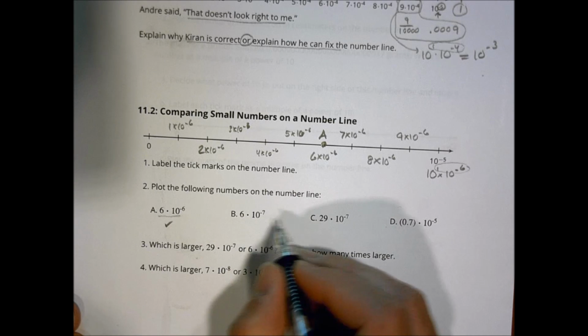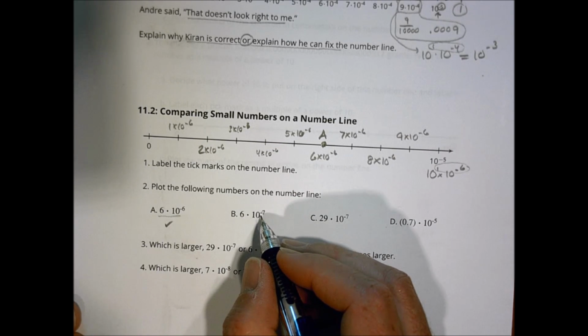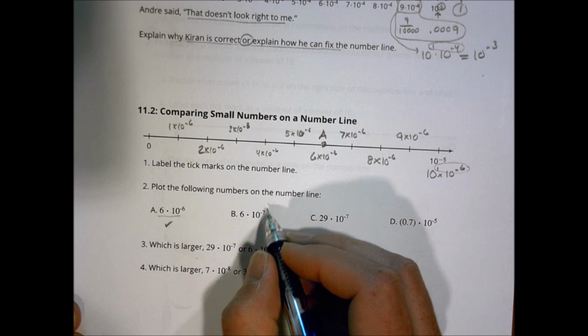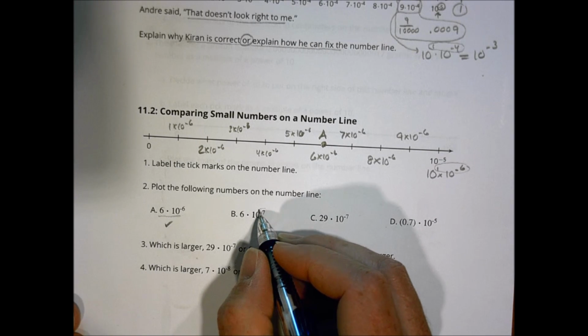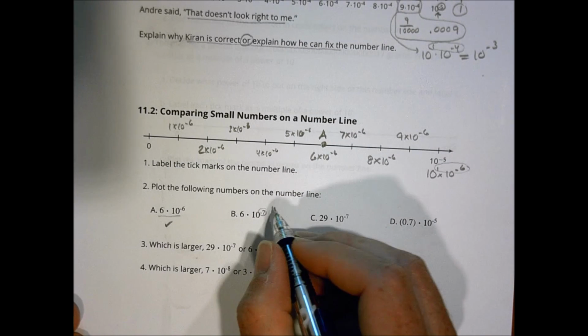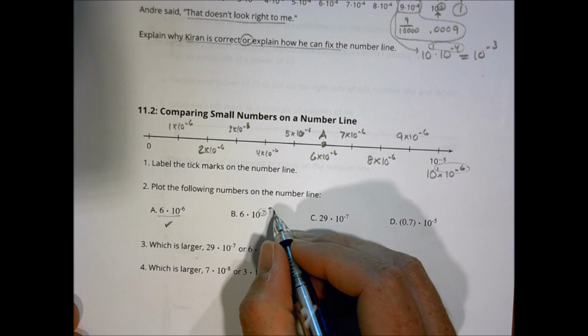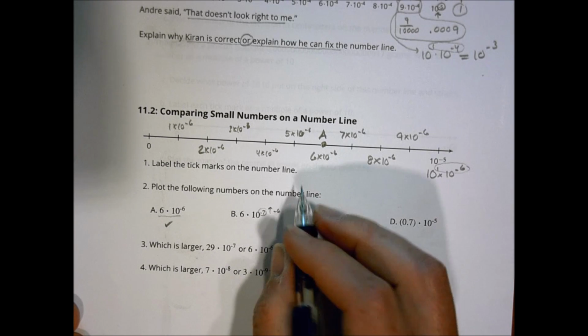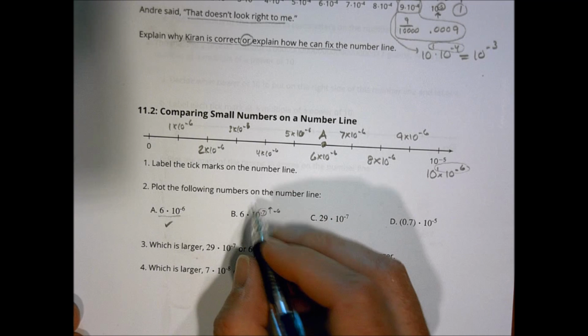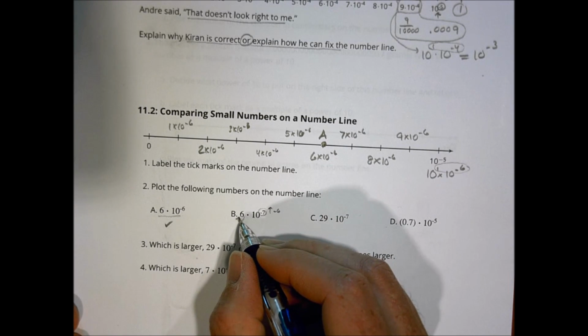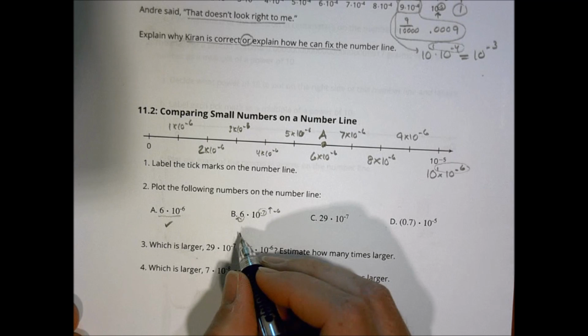For 6 times 10 to the negative 7th, well, gotta think about this here. I want to go ahead and make this number 1 more. I want to make that a negative 6, right? So to make it more, I need to move the decimal to the left. So I move the decimal to the left, I increase the size of the exponent.